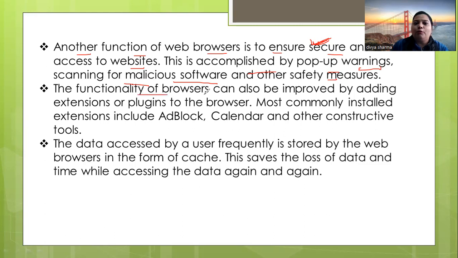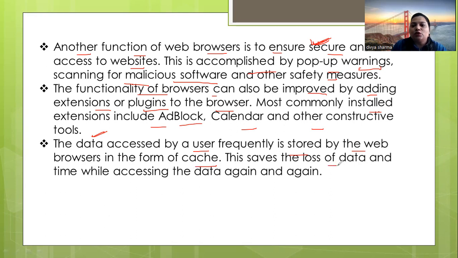The functionality of browsers can also be improved by adding extensions or plugins to the browser. Most commonly installed extensions include adblock, calendar, and other constructive tools, which ensure the security of the browser. Data accessed by a user frequently is stored by the web browser in the form of cache.